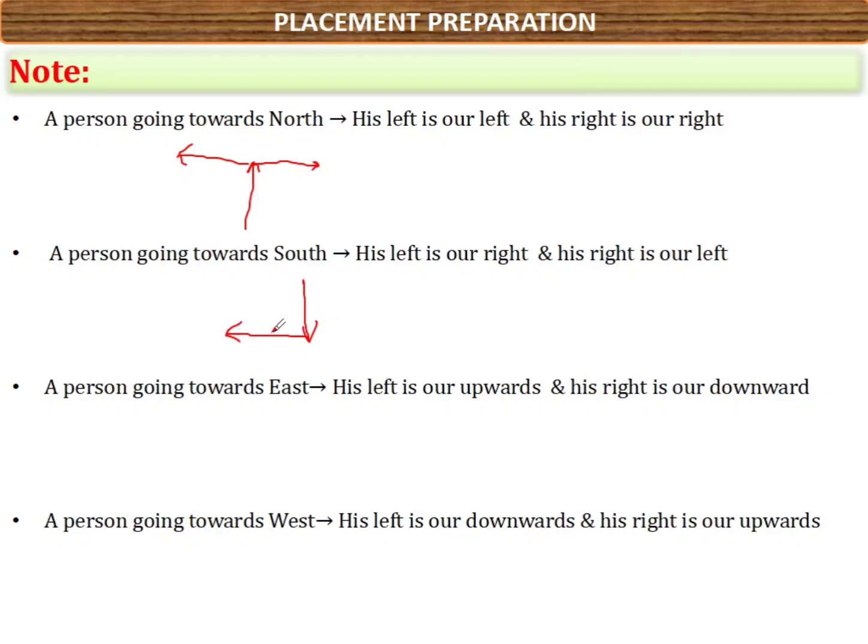His right is our left and his left is our right. In the same way, if a person is going towards east, his right will be downside, his left will be upside. If a person is going towards west, his right will be upside and his left will be downside. I hope you understood this.